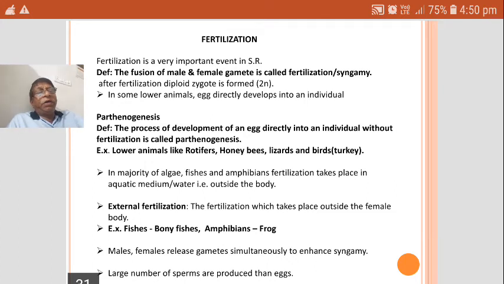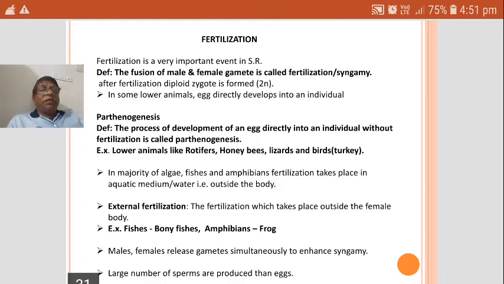A very important definition for 1 mark. Lower animals like rotifers, honeybees, lizards, and even birds. One bird, turkey, is a good example for parthenogenesis.